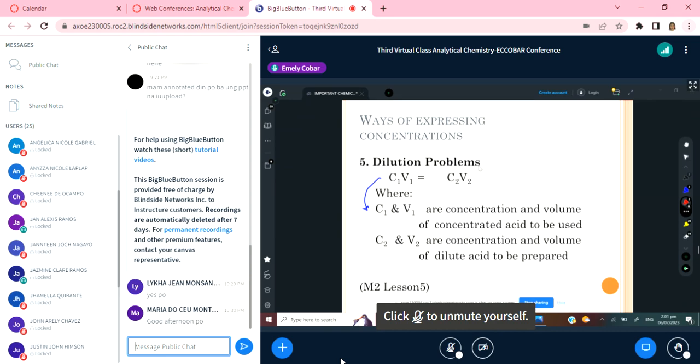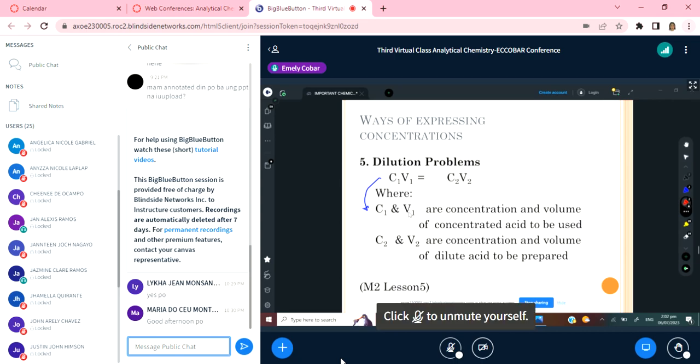We have a stock solution, tapos magpe-prepare ka lang ng solution having a lower concentration. Okay, so anong gagamitin formula? C1V1 is equal to C2V2, where C1 and V1, yung nasa left side mo of the equation, they are the concentration and volume of the concentrated acid, kung acid yun, or of the stock solution na gagamitin mo.